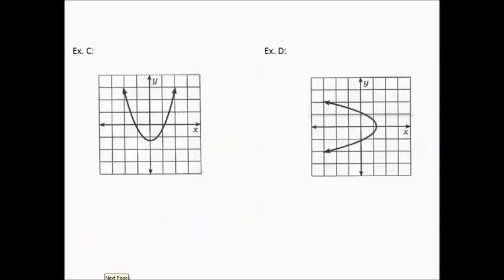Last, we're going to look at what happens when we don't have individual points. We have more of a connected graph here. So I'm going to again use my vertical line test. And it will be a function if I only hit 1 point when I draw my vertical line. For this one, it's not as clear where I can draw it.